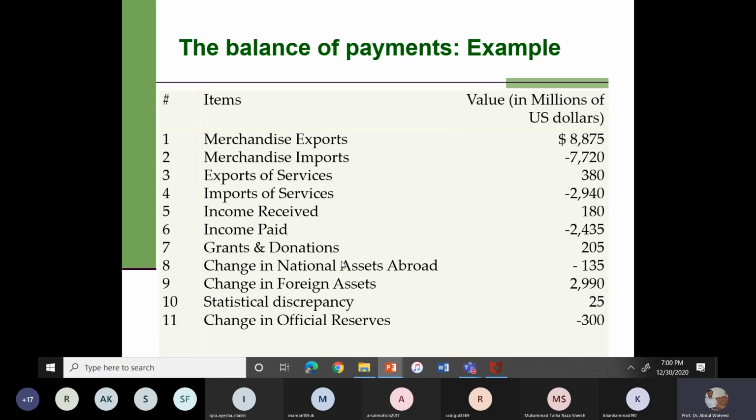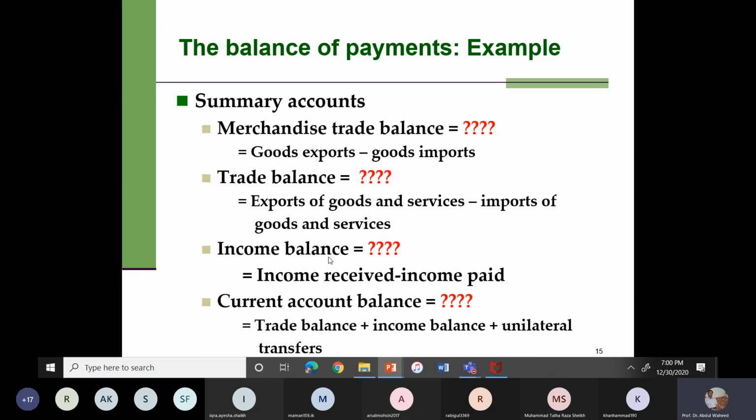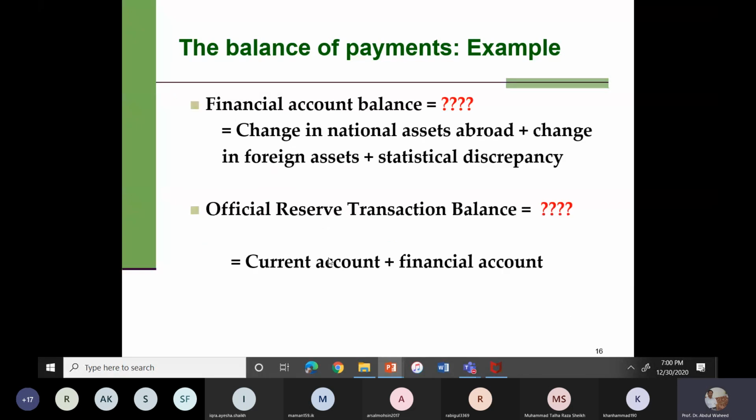So if you add all of these, you will get the financial account balance. And then the official reserve transaction balance is simply the current account and financial account added. These two accounts, if you add, you will get the official reserve transaction balance. Take a screenshot of this.